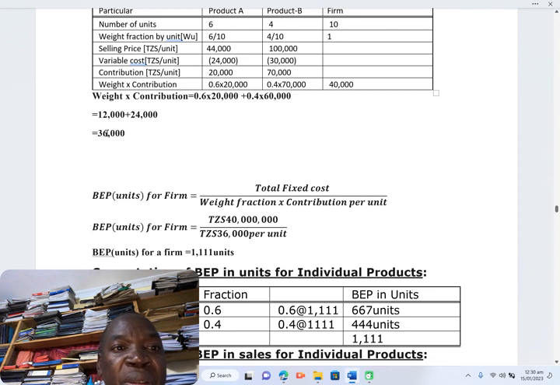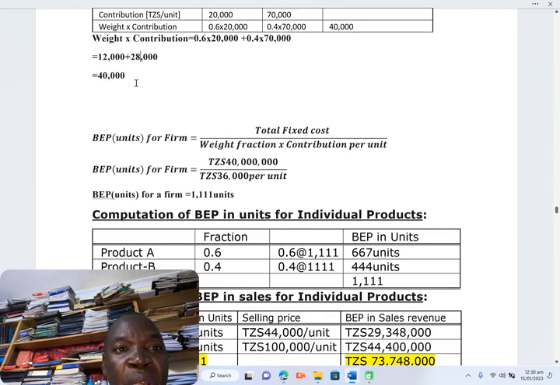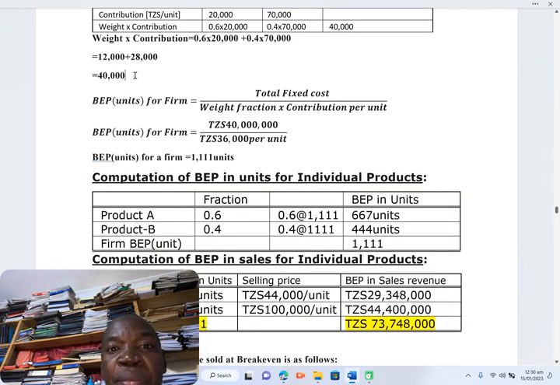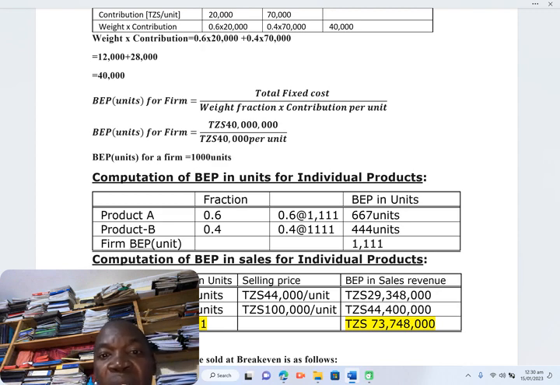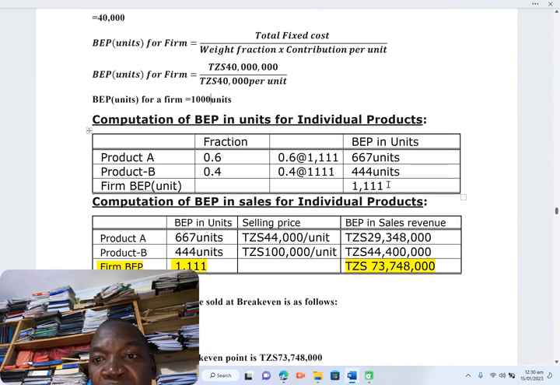From there we have 40 here instead of 36. So this is 28. So from this formula we have 40, and this is 1,000 units. From there we have 1,000 units here.